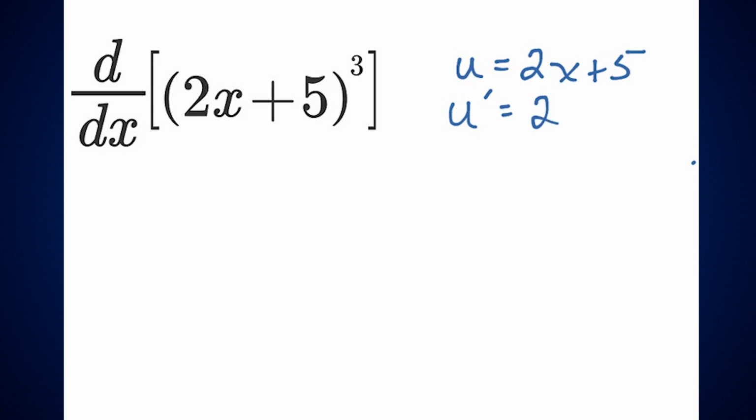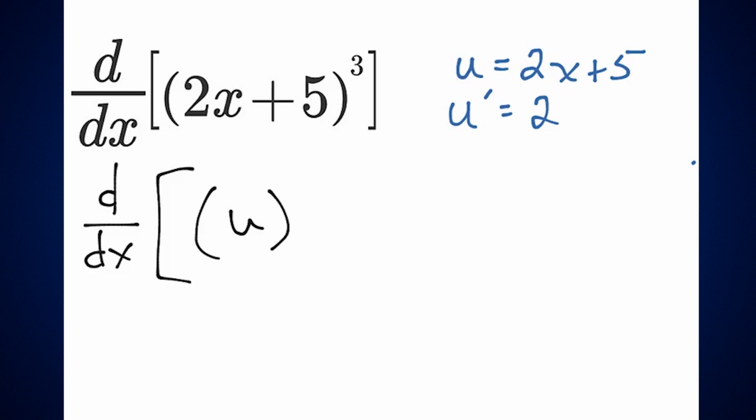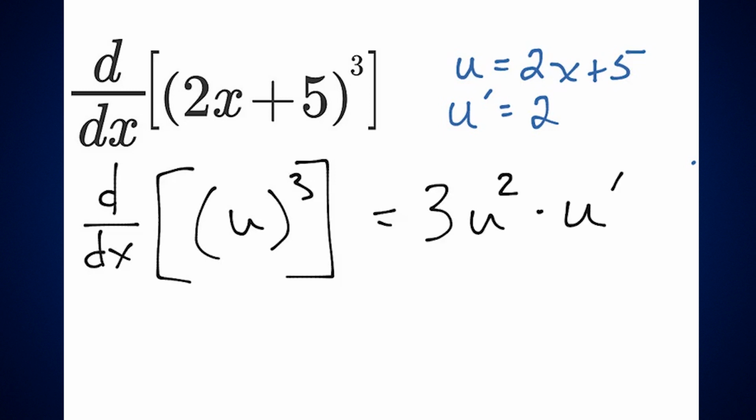So if we substitute this into our problem, now the problem is changing to the derivative in terms of x of the quantity u cubed. And we know the derivative of u cubed is 3u squared with the chain rule times the derivative of u, which is u prime.